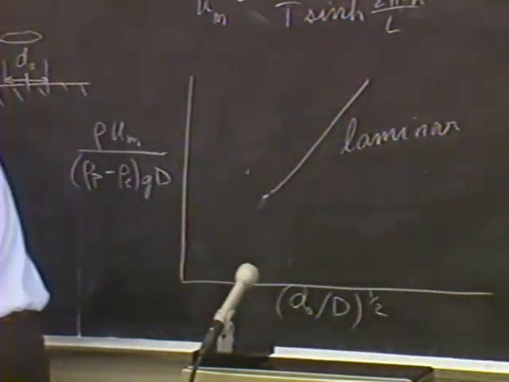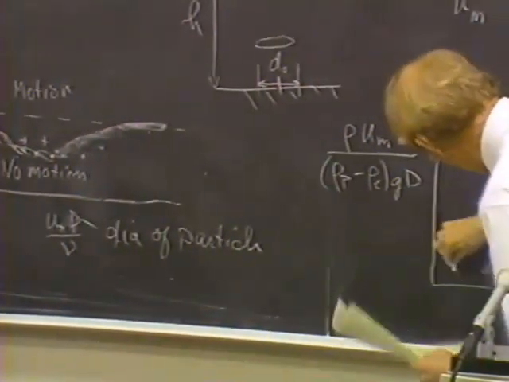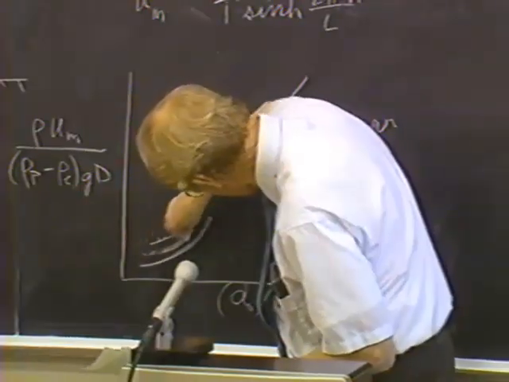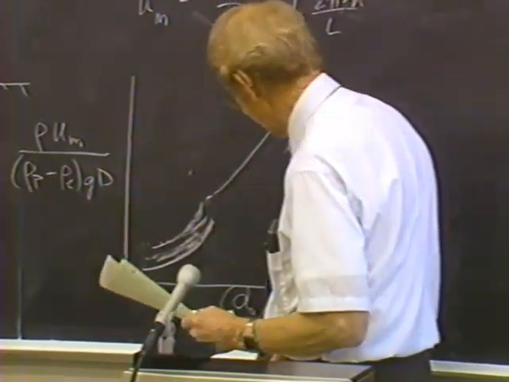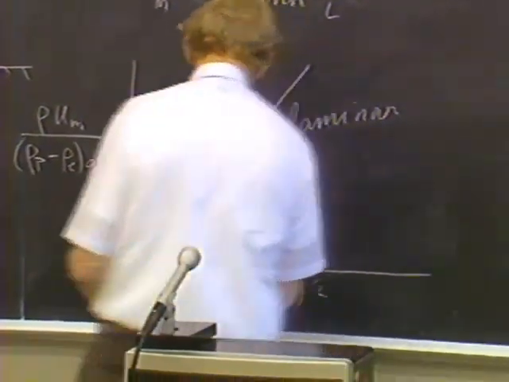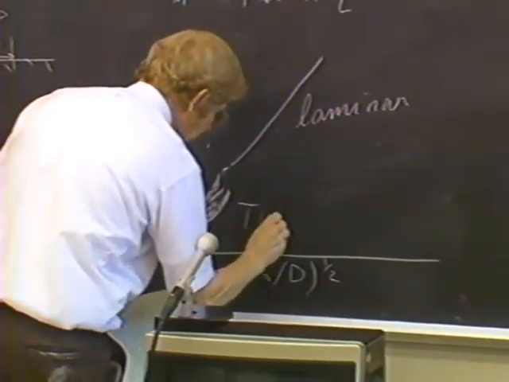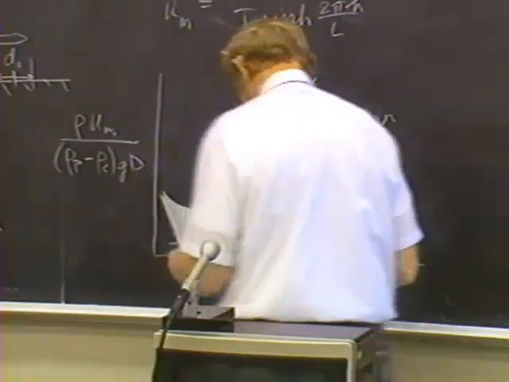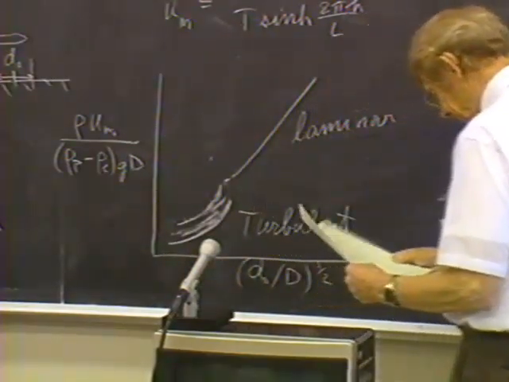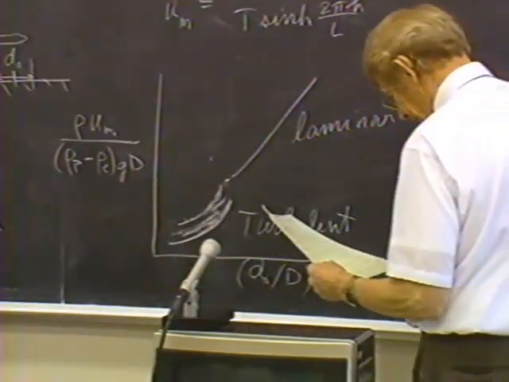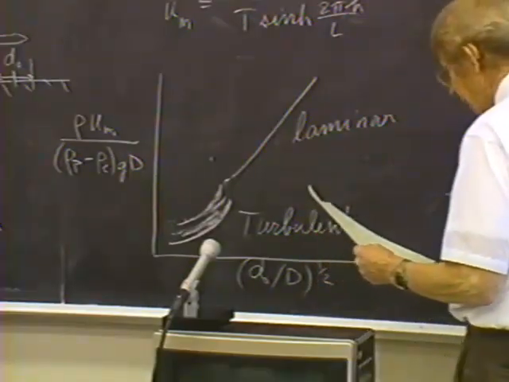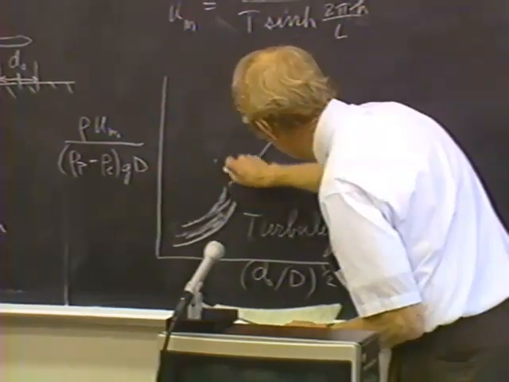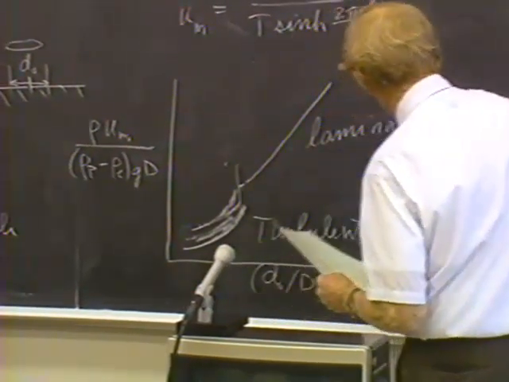This is just tau, proportional to tau, divided by rho p minus rho l times g, equal to a constant, A double prime, times d0 over D to the 1/2 power.